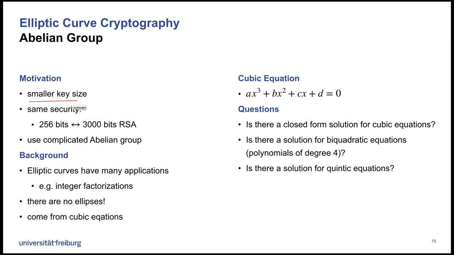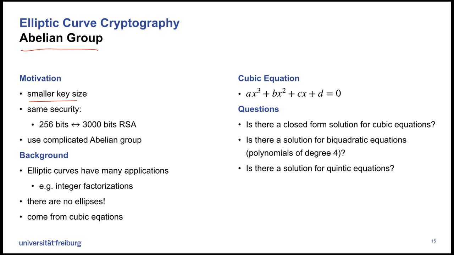Researchers at the end of the 20th century were looking around for schemes which we can harvest for public key cryptography. And they found these elliptic curves, which have a very nice property because they can build an abelian group. Abel was a Norwegian mathematician. And in this abelian group, we can work and find public key cryptosystems.